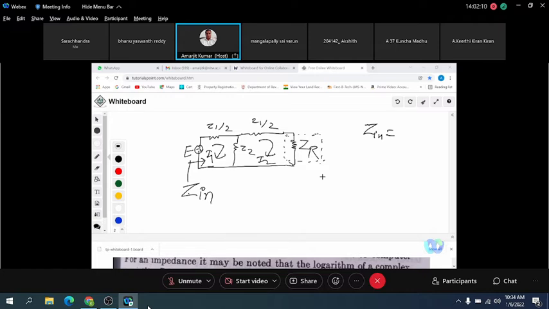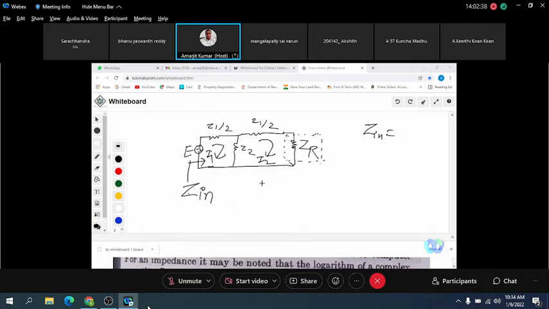For this symmetrical T section terminated in load impedance ZR, we have to find the input impedance. Again, use the mesh equation.